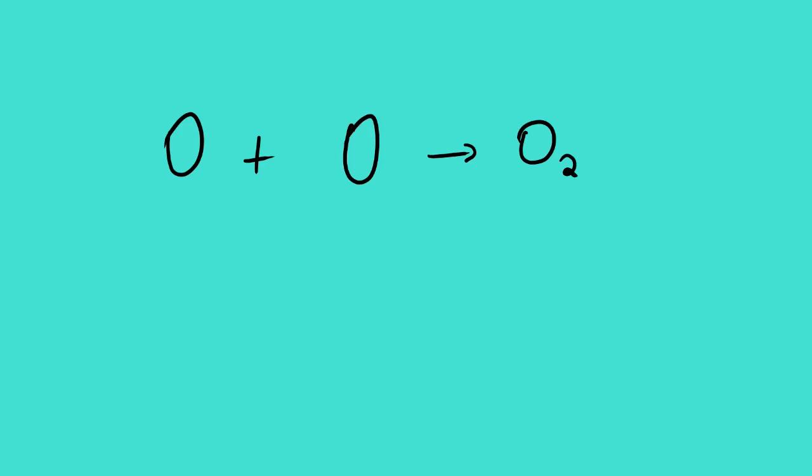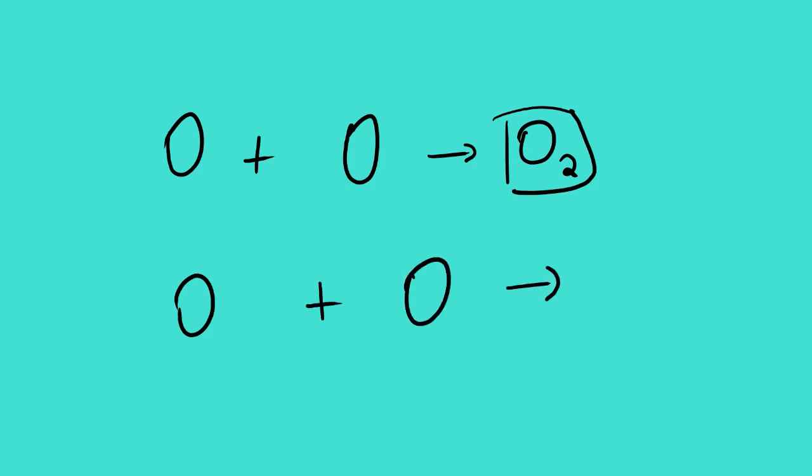Now what happens when oxygen bonds with oxygen to form this? How can you draw the Lewis dot diagram? We know that the first oxygen and also the second oxygen will have six electrons.